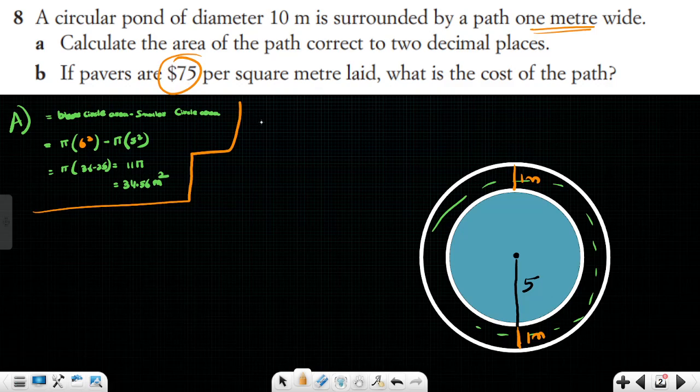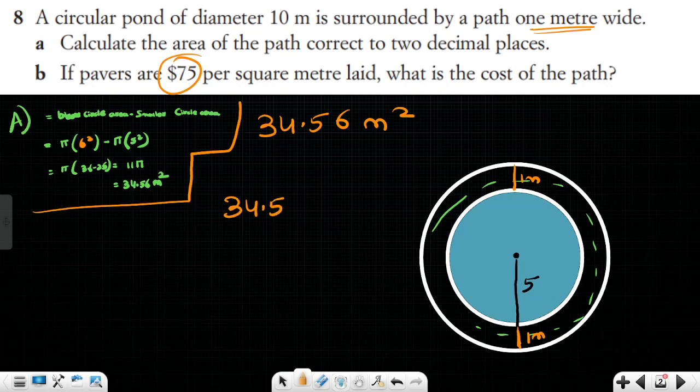Okay. See, we got the area as 34.56 square meters. Pavers, I'm just guessing, we did not know the exact meaning, like somebody is laying tiles or properly laying down the road. Per square meter, they are taking $75.